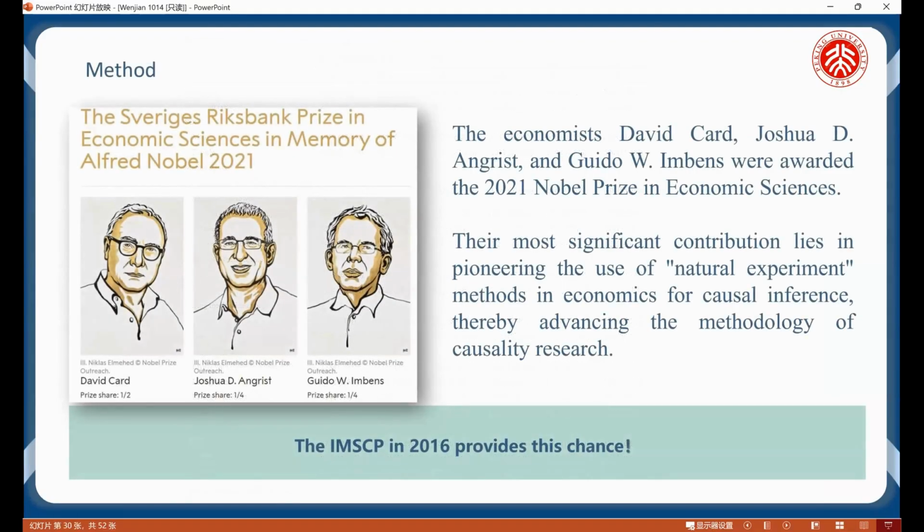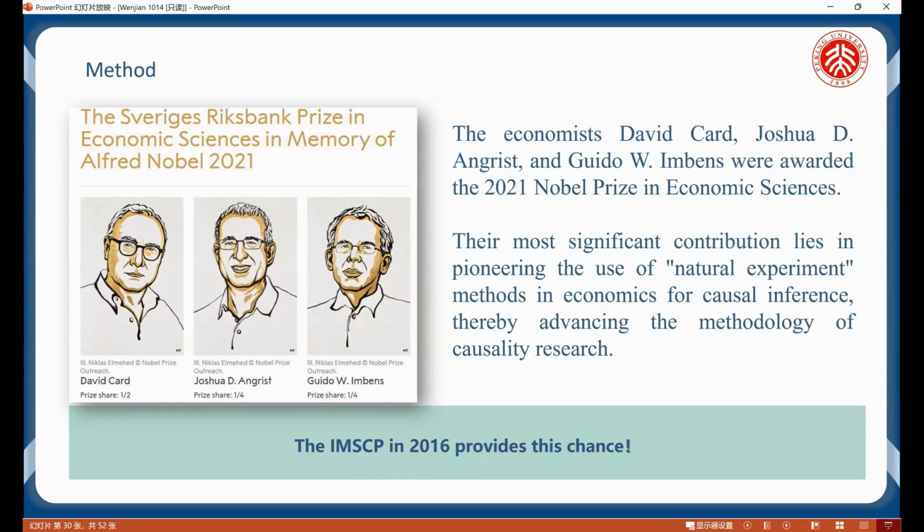In 2021, three economists were awarded the Nobel Prize in Economic Science. Their most significant contribution lies in promoting the use of natural experiment methods in economics for causal inference, thereby advancing the methodology of causal research.